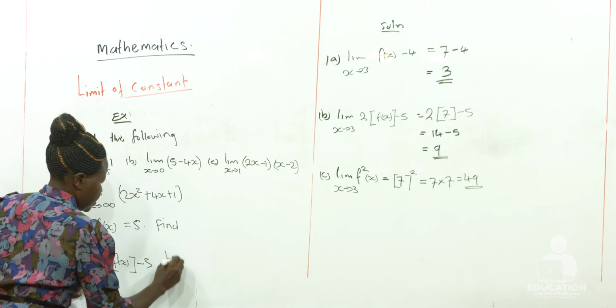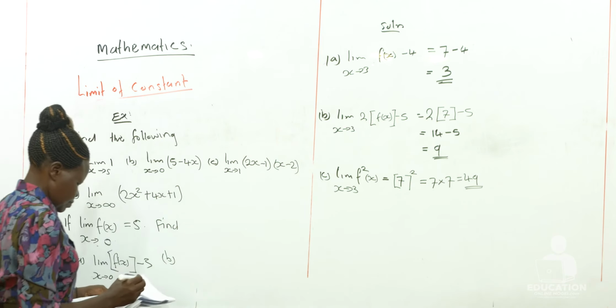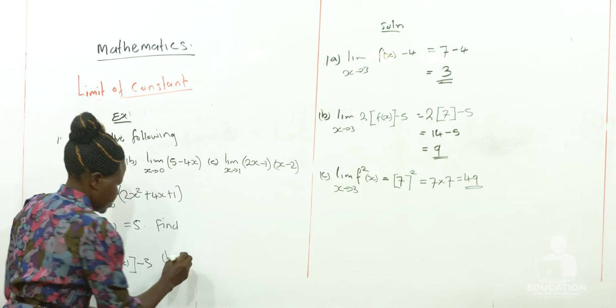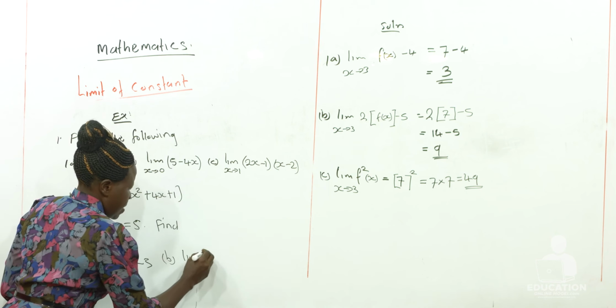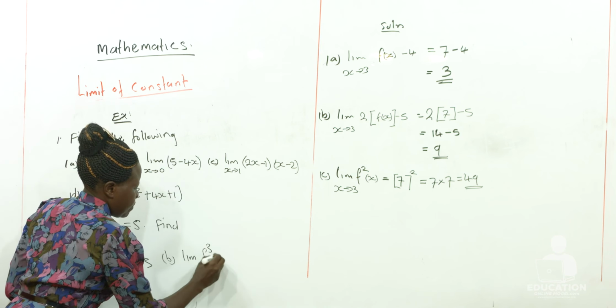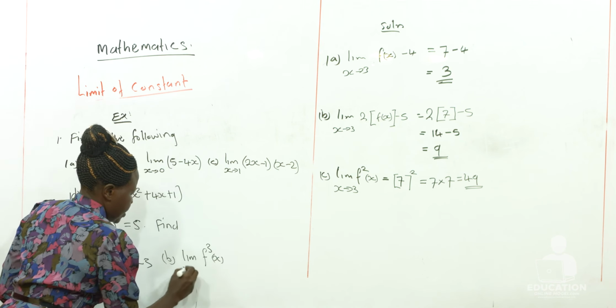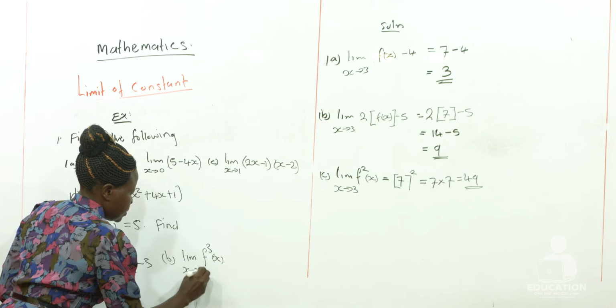And then we have B, the limit of f cubed of x as x is approaching 0.